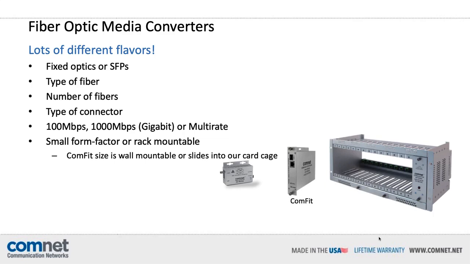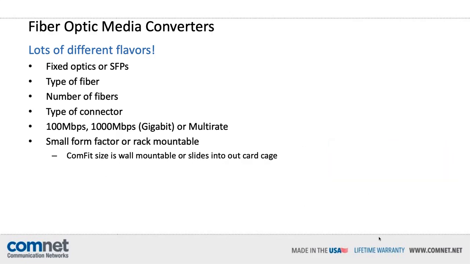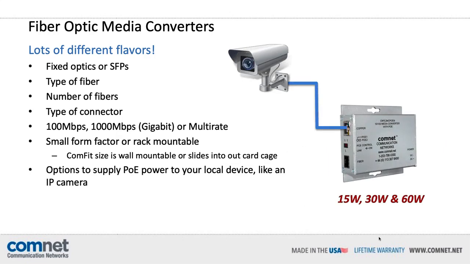The minis are good for fitting in small locations like enclosures or the mounting arms or back boxes of IP cameras. The ComFit cards can be shelf or wall mounted or slid into a 14-slot card cage with no modifications. The last option to consider is whether you need power over Ethernet at the remote location for your camera or other IP device. Comnet has options for 15 watts, 30 watts, or even 60 watts for the outdoor rated IP PTZ cameras. And of course, all units ship with a power supply.